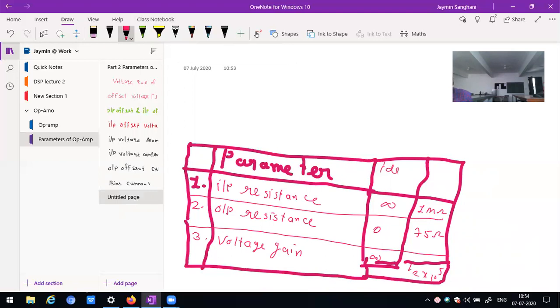Here is the ideal value and here the practical value of the Opamp. So this is the basic diagram of the Opamp parameters.